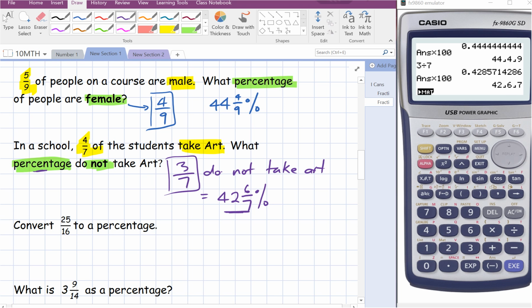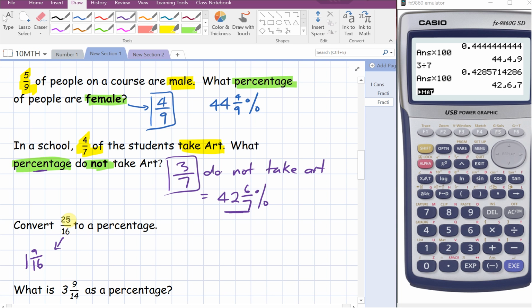Okay, now I've got 25/16. So we need to convert that to a percentage. Notice where the numerator is larger than the denominator. So as a fraction, that would involve a whole number. Okay, so if we were thinking about fractions, that would be 1 whole, and 9/16.